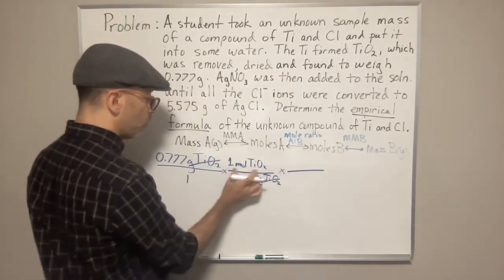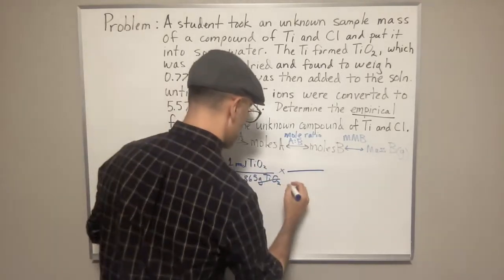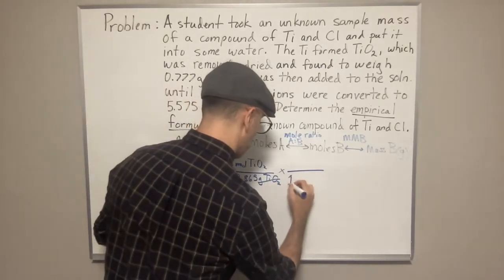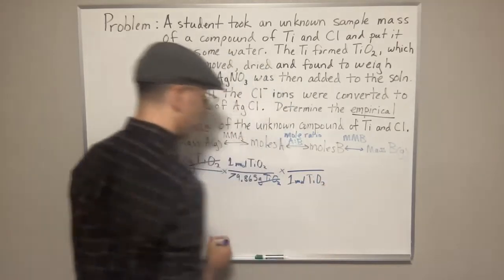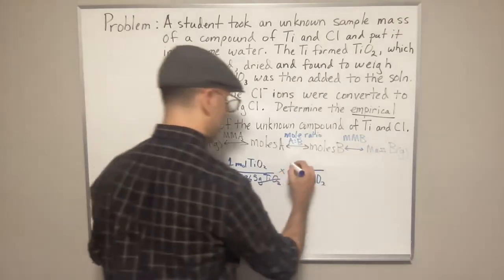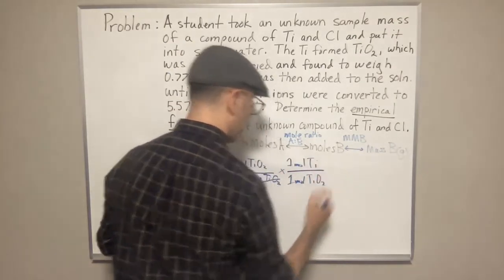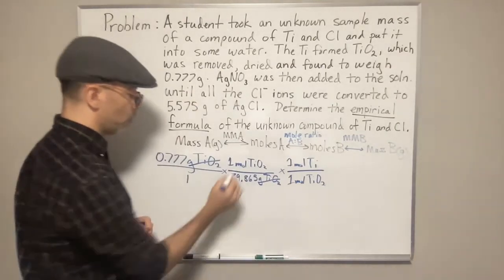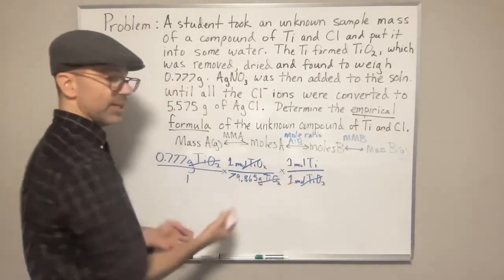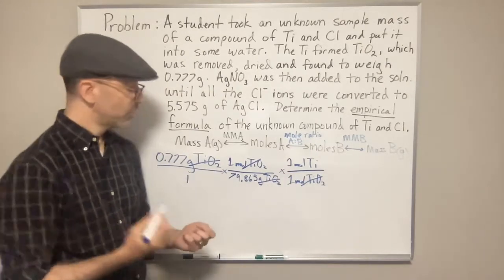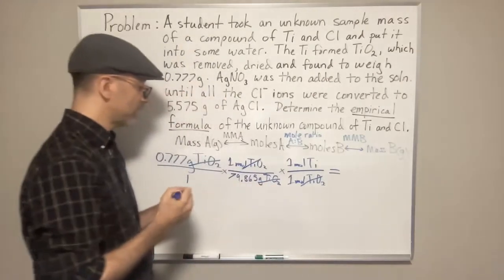I'm going to use a 1-to-1 mole ratio. So for every 1 mole of TiO2, I'm going to put 1 mole of TiO2 on the bottom, and then I'm going to have 1 mole of titanium on the top. So moles cancels out. I have moles of titanium, which is what I want. So I'm done here. So all I need to do is calculate this answer.